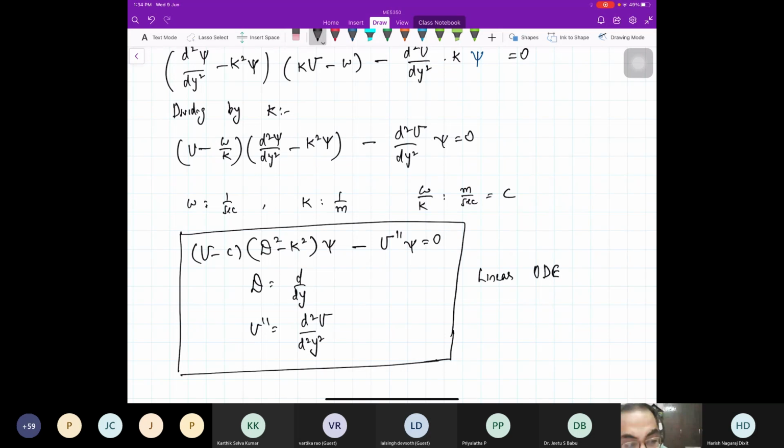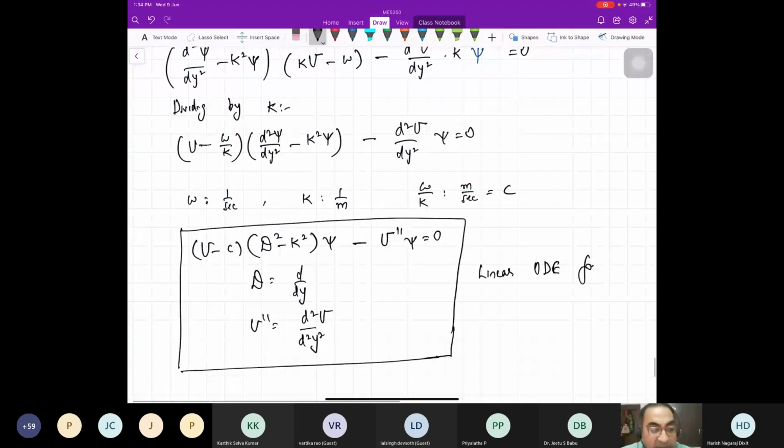There are no derivatives with respect to x or time. This is a linear ODE for psi of y alone.